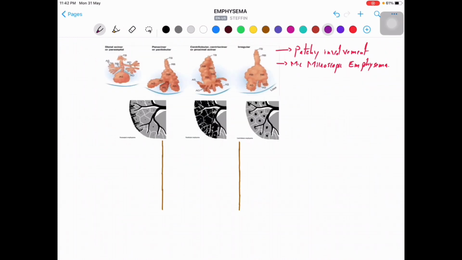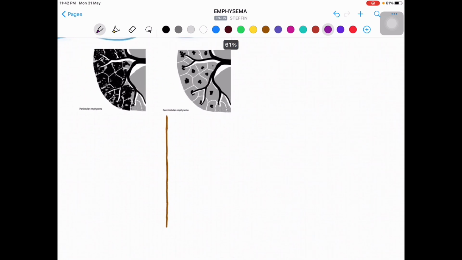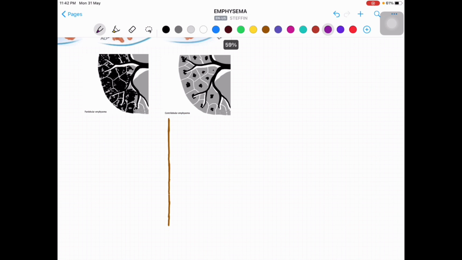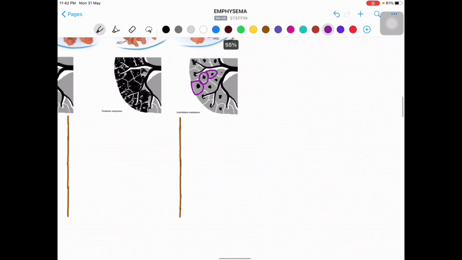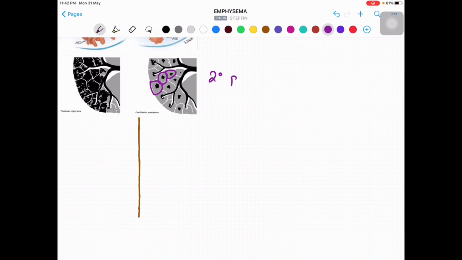Okay, so let's see the different types of emphysema. There are 4 types: distal acinar, panacinar, centrilobular and irregular. First of all, we will see centrilobular emphysema. As you can see, there is a small lobule-like or compartment-like structure. This is called the secondary pulmonary lobule. Each pulmonary lobule contains about 30 acini.